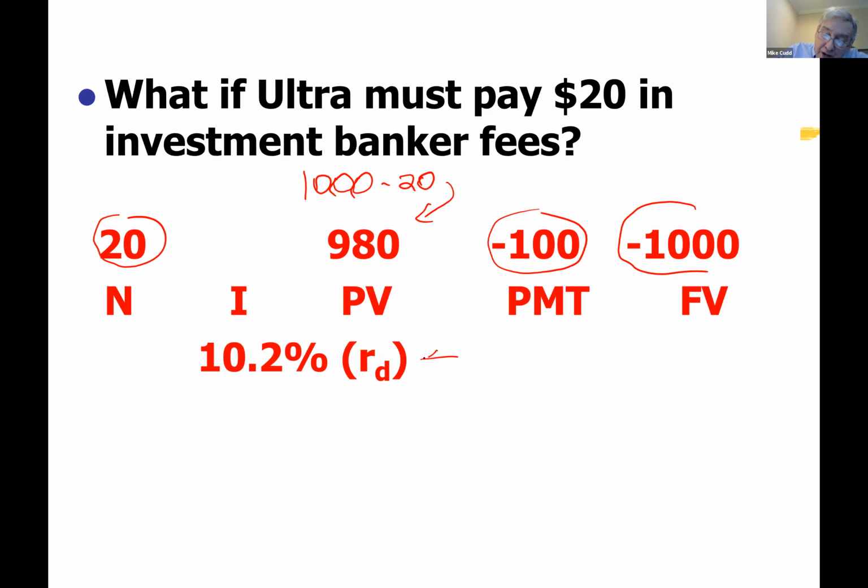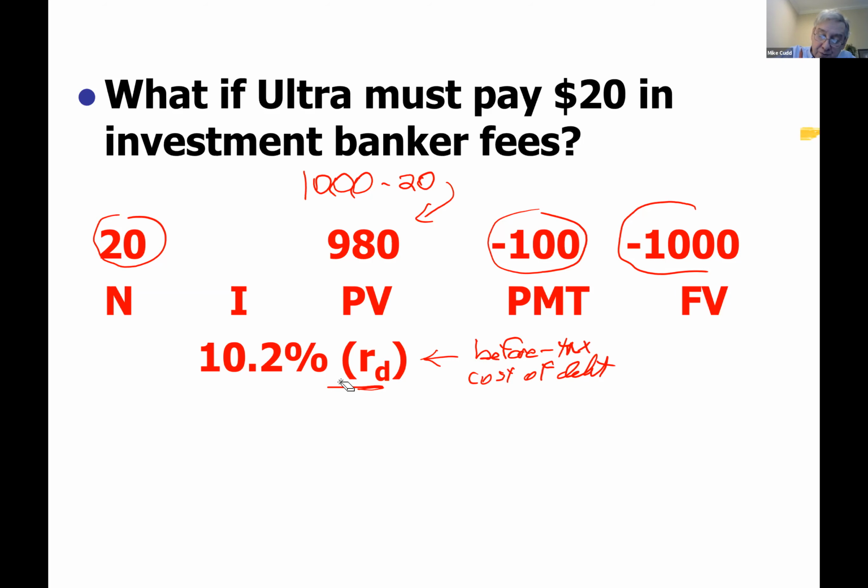That is known as the before tax cost of debt. R sub D. Think of R sub D like the interest rate on debt.